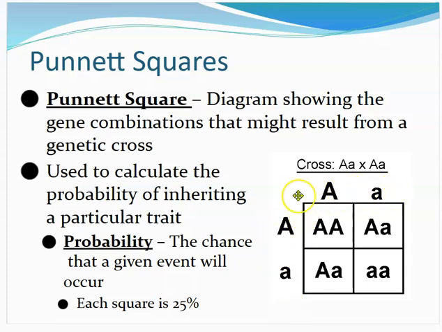This can be mom, this can be dad, or this can be dad and this can be mom. It doesn't matter where you put them, but you need to make sure that mom is on one side and dad is on the other. And then we cross them, and we know that we get half from mom and half from dad, and that gives us our new organism. We look at these different genotypes and the options, and each square is worth 25%, making the whole square worth 100%. So these are the probabilities of getting these particular genotypes.